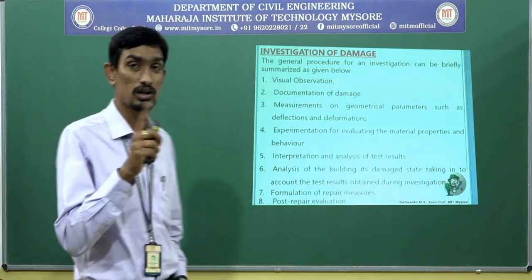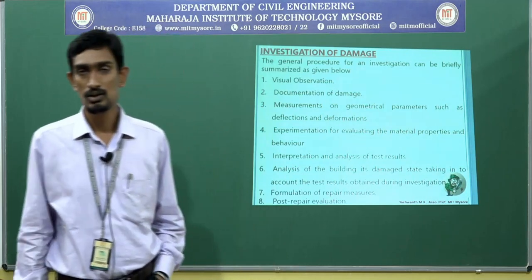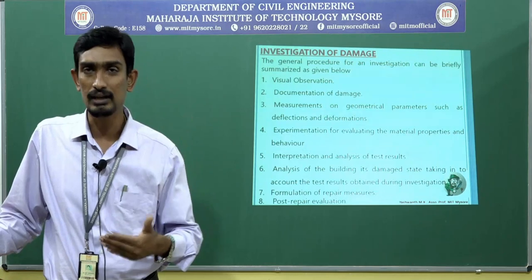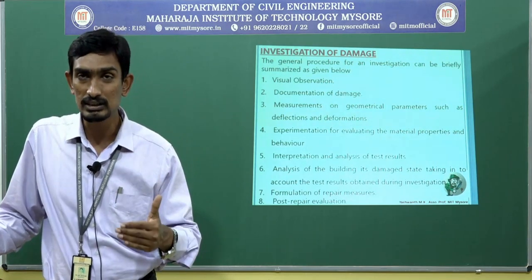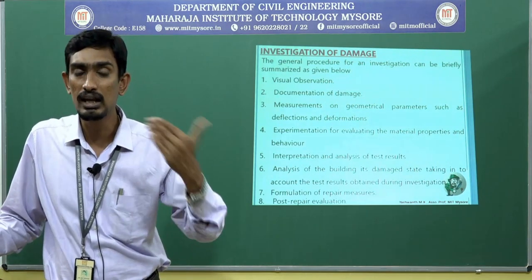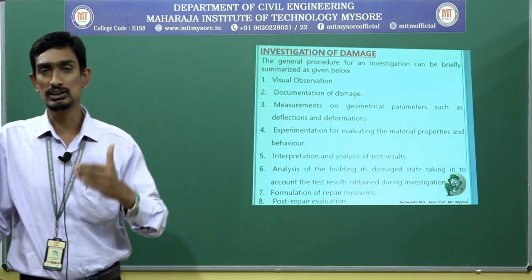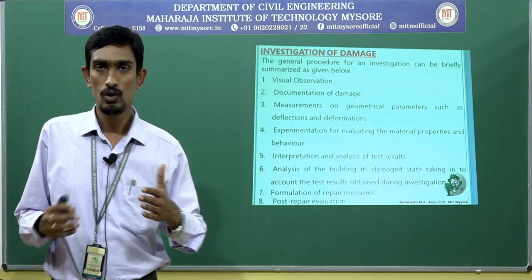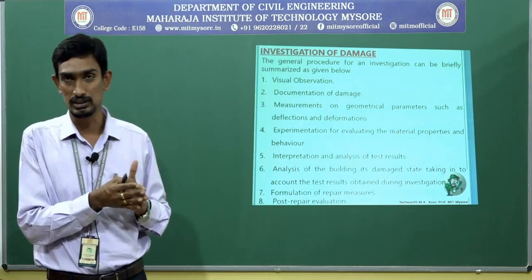Analysis of a building's damage state, taking into account the test results obtained during investigation. So that is the point I have highlighted. Whatever test results have been obtained will be correlated. For example, material properties test results, or I can say the concrete test results.